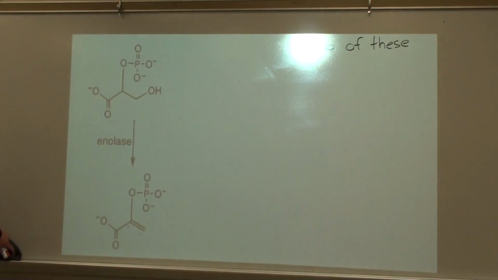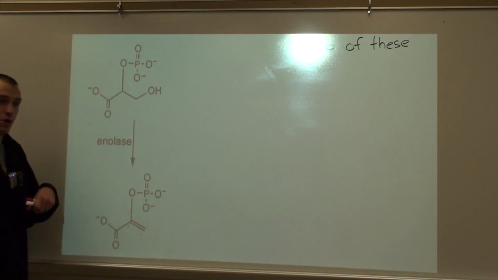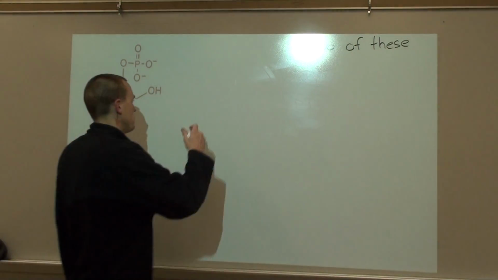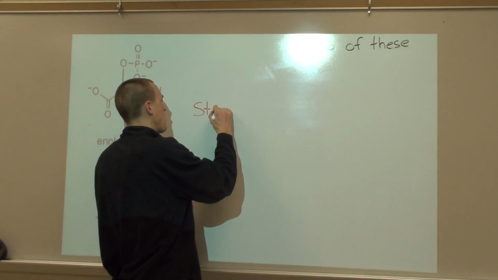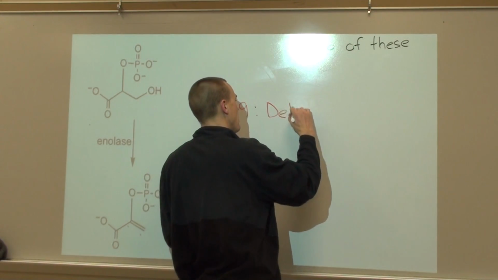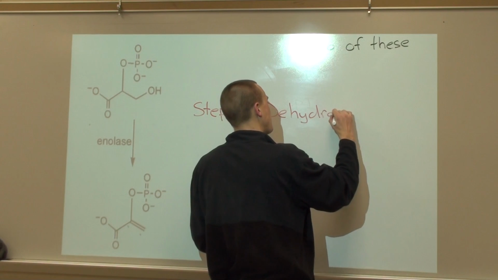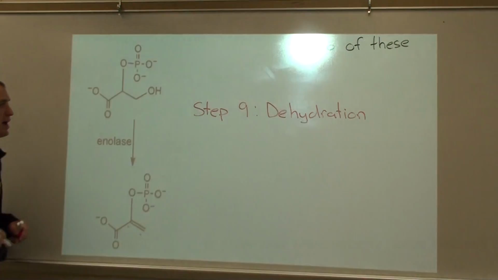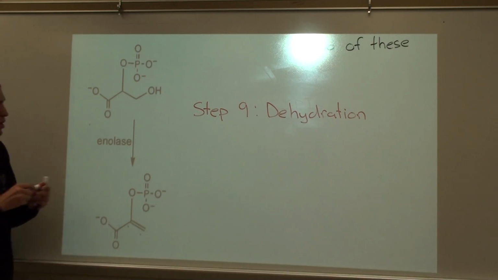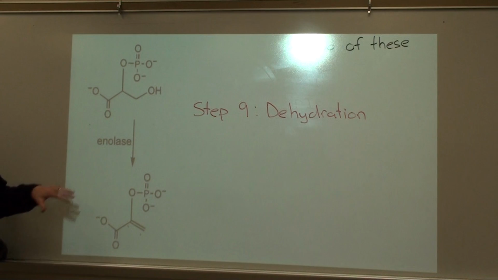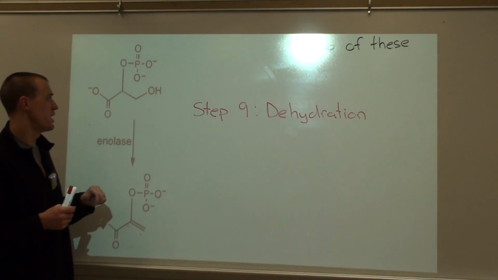So for step number 9, we undergo a dehydration reaction. What happens here is this alcohol, this OH group, undergoes dehydration through the help of this enzyme.